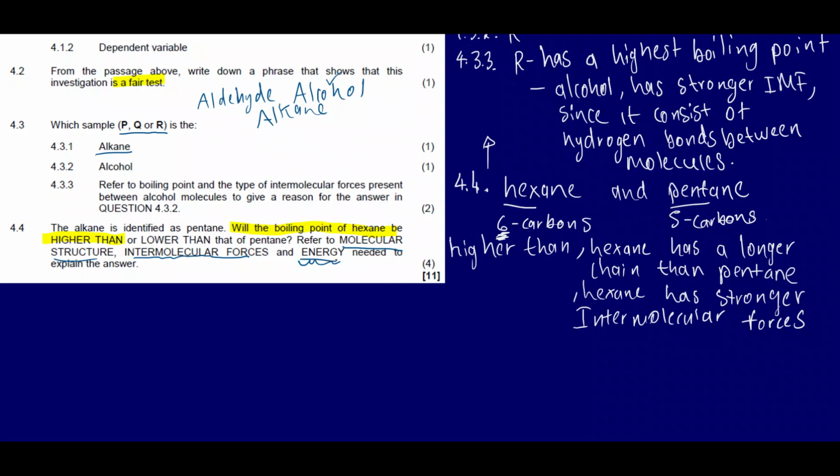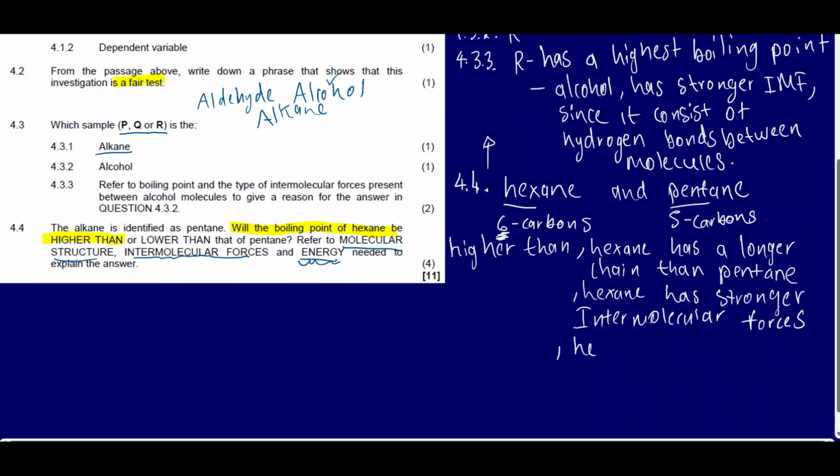So now we can take a look at the energy. How about the energy? What can you say about the energy? You can mention that hexane requires more energy. Never mind my writing here, I'm just doing the points. That's the first point, that's the second point, and this is our third point, looking at energy.